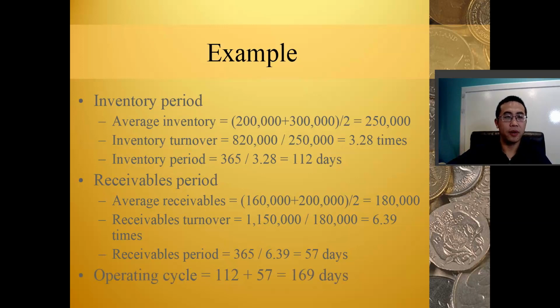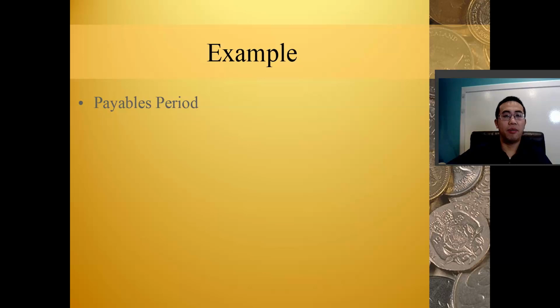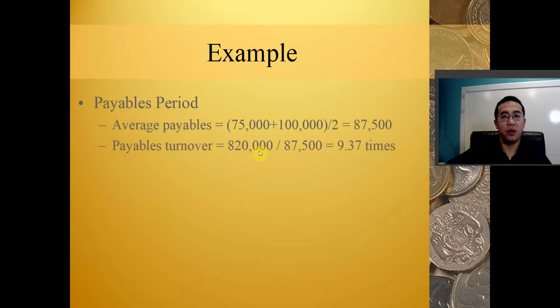For payable periods, again, we're going to use the same procedure, and take the annual average of accounts payable, beginning and end. Then we use the cost of goods sold divided by the average payable.